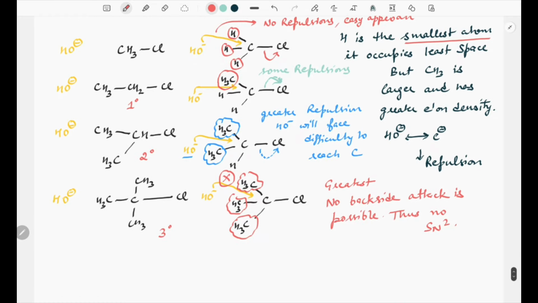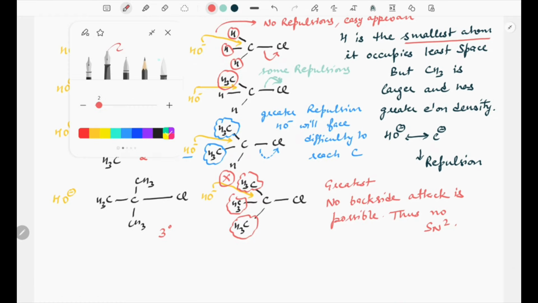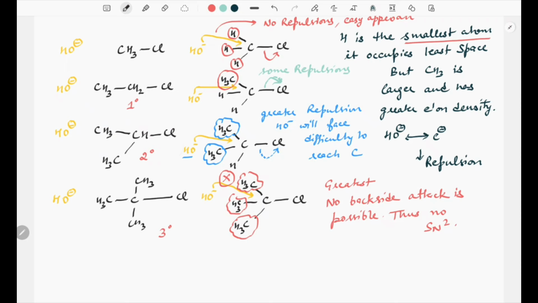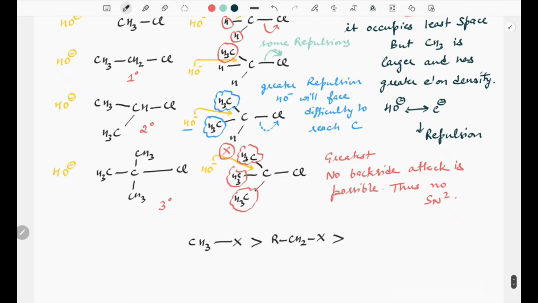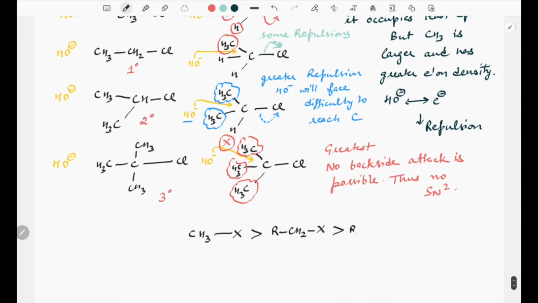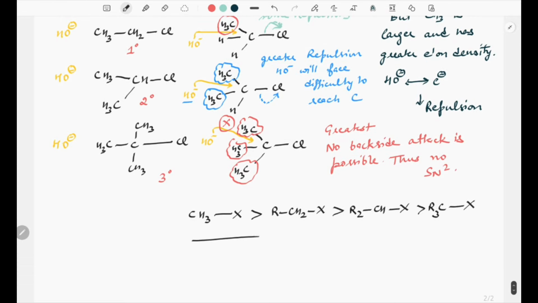Therefore, what we can summarize is that in case of SN2 reactions, methyl substrates are faster than primary substrates, which are in turn faster than secondary substrates, and in case of tertiary substrates the reaction is slow.